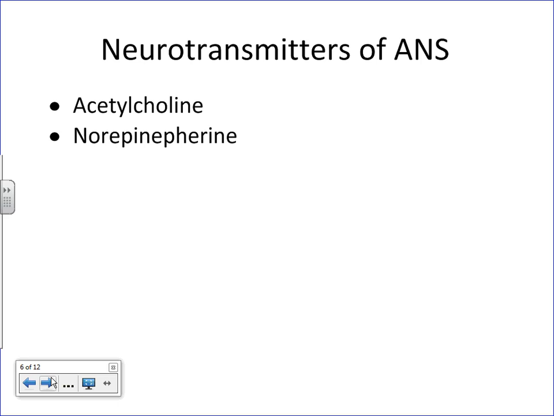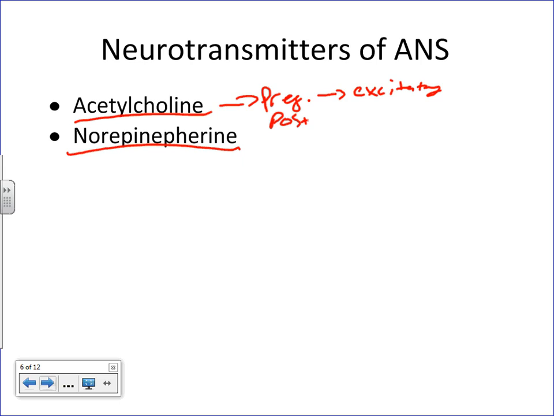So nicotinic is excitatory, and acetylcholine with muscarinic is inhibitory. Again, we've already mentioned the neurotransmitters of the autonomic nervous system, acetylcholine and norepinephrine. Acetylcholine at the preganglionic is always going to be excitatory. Acetylcholine postganglionic is going to be inhibitory; not inhibitory, but we'll just say it slows down activity.